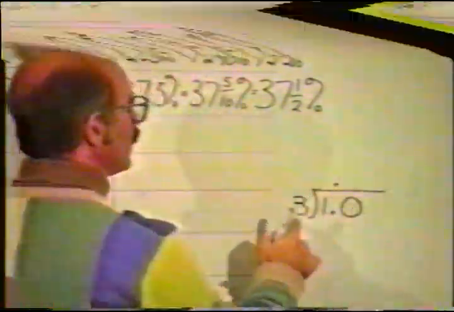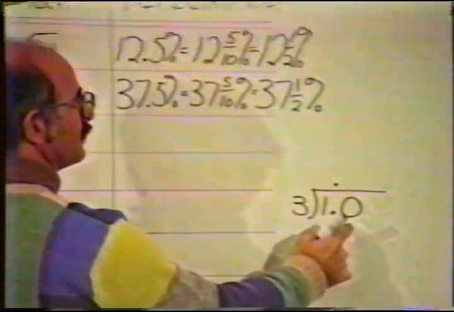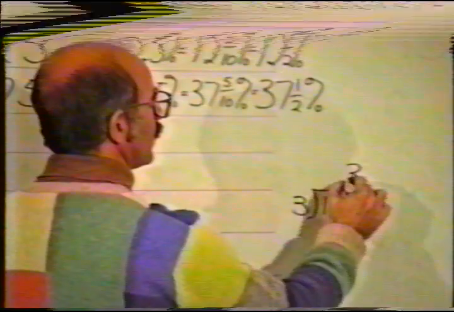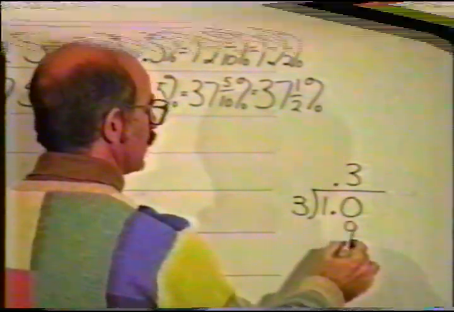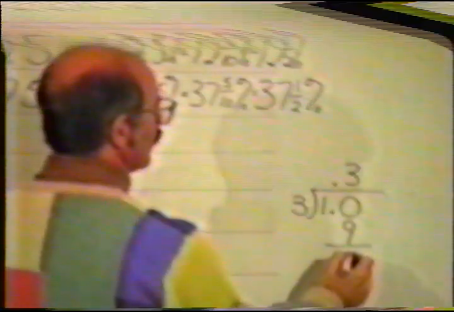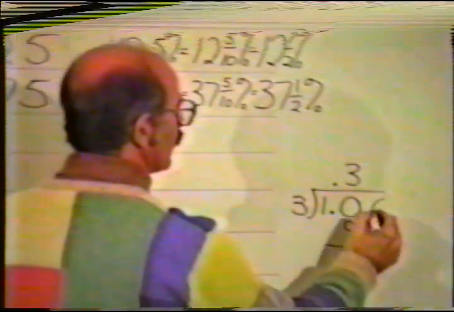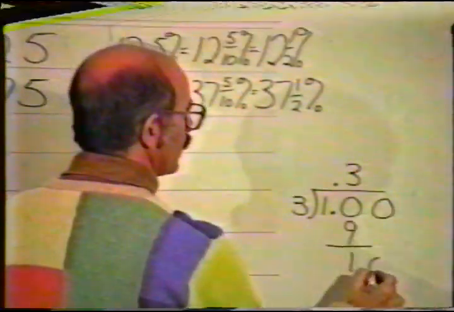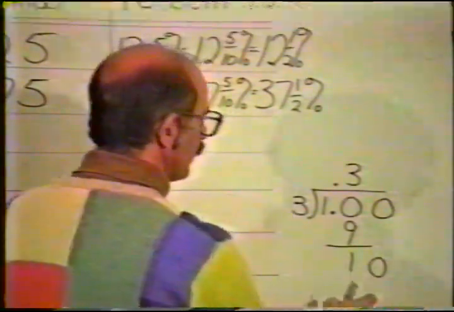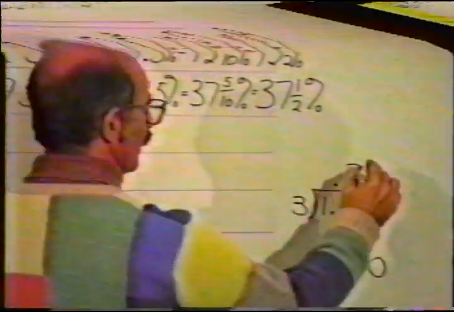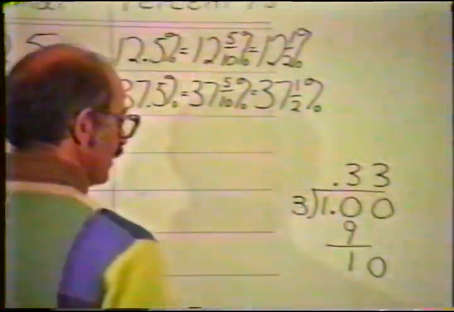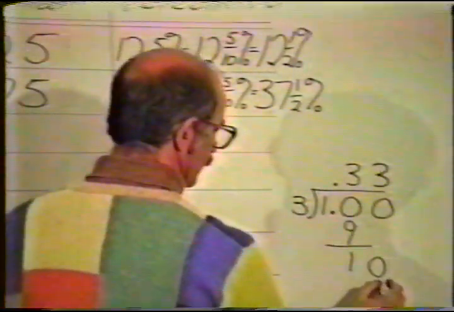How many 3's are there in 10? 3. 3 times 3 is 9. Subtract, get 1, and put a 0 here and bring it down. How many 3's in 10? 3. 3 times 3 is 9.